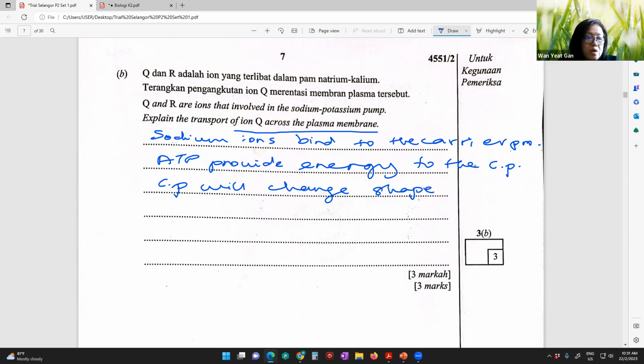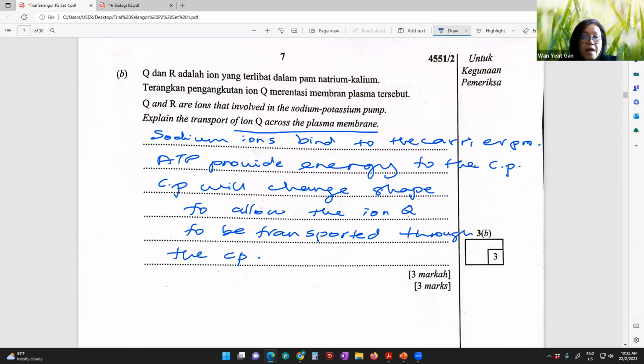to allow the ion Q here, which is also the sodium ion, to be transported through the carrier protein, and this process is against the concentration gradient.